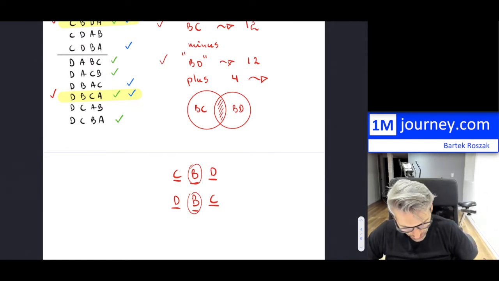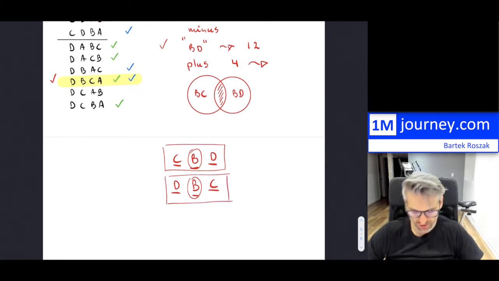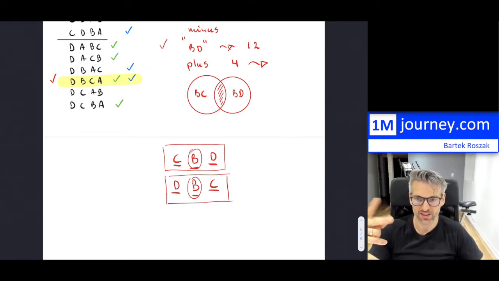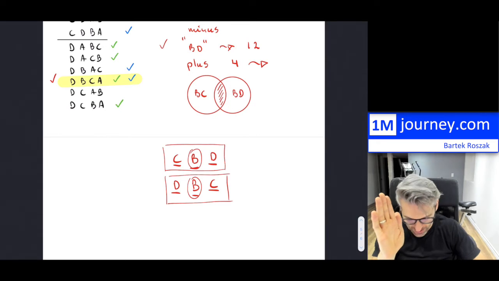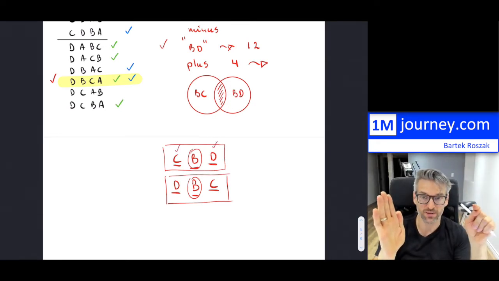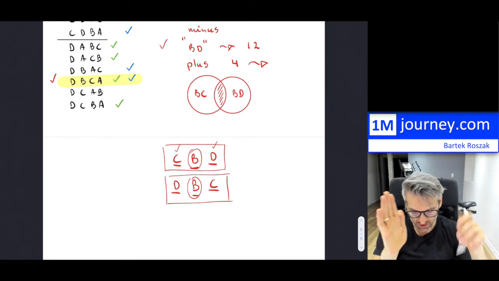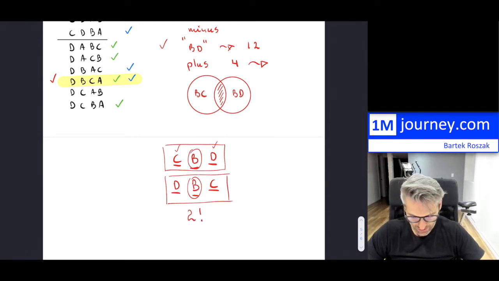Now this acts as 1 unit. We have 2 different ways of arranging this with B in the middle. So the only ones that can swap are the C and the D. The B can't swap with any of them because then it's not going to be counted twice. So when B is in the middle, this happens 2 factorial ways, right?